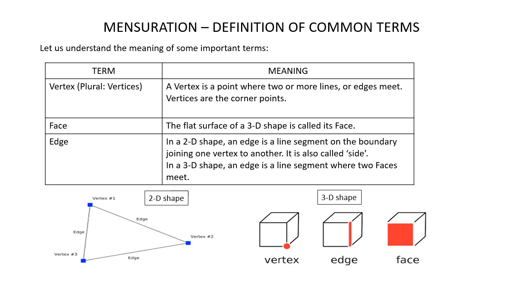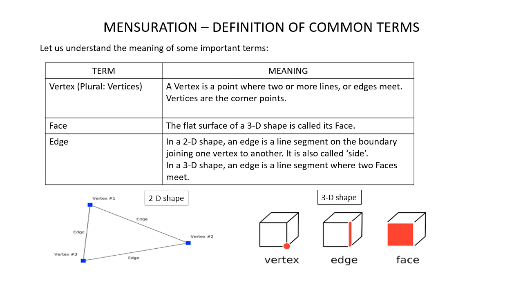An edge is a line segment where two faces meet in a 3D shape. Now, as you can see here, these two faces of the cube meet along this line segment. So, this line segment is called the edge of the cube.